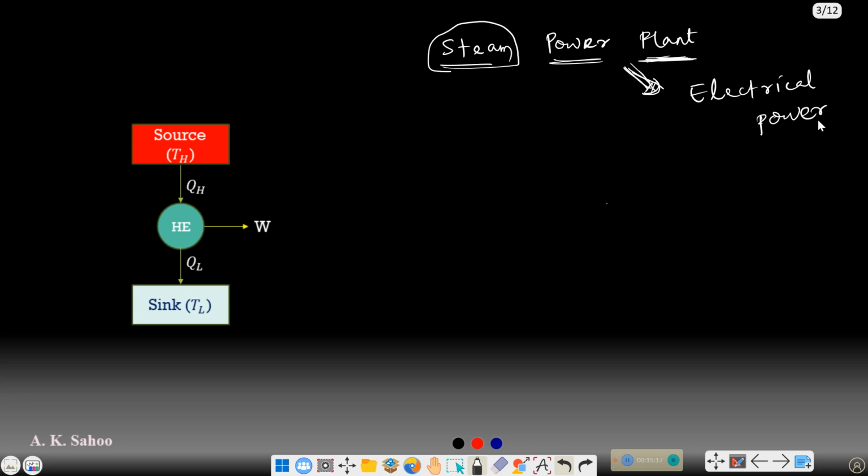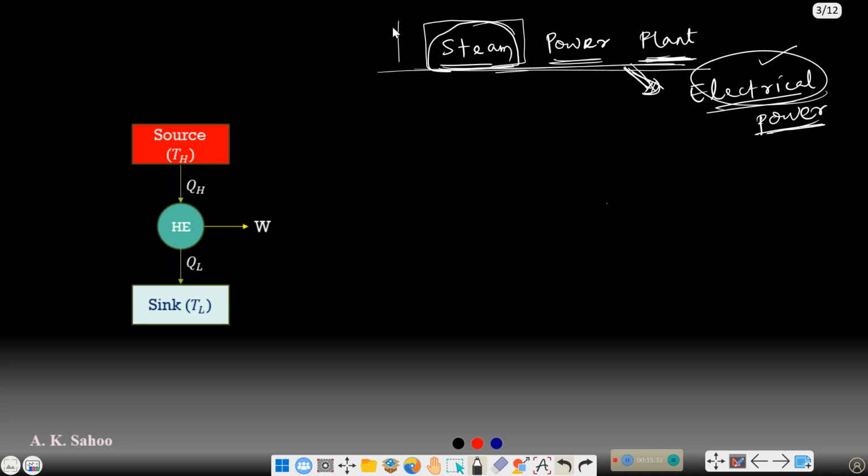These are basically there to produce electricity. If we take energy from steam and produce electricity, then such a device or station is known as a steam power plant. I hope you are now in a position to answer the question, what is a steam power plant.